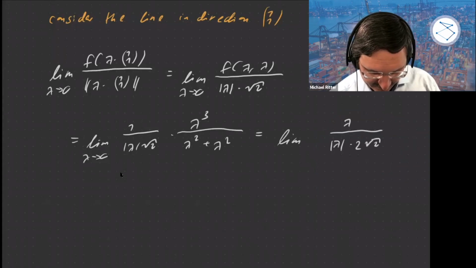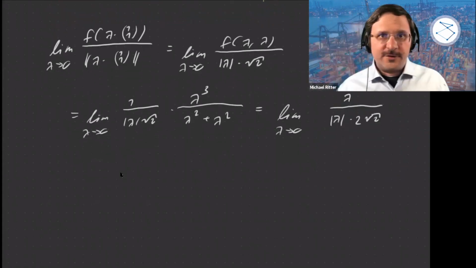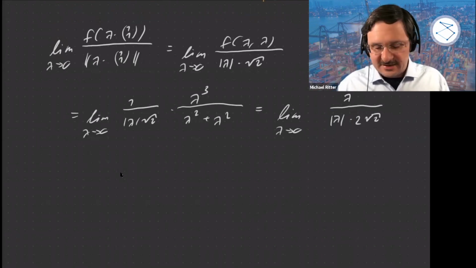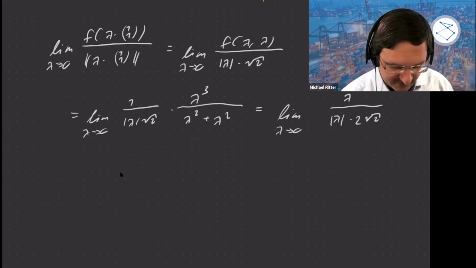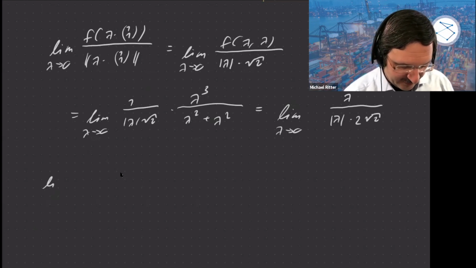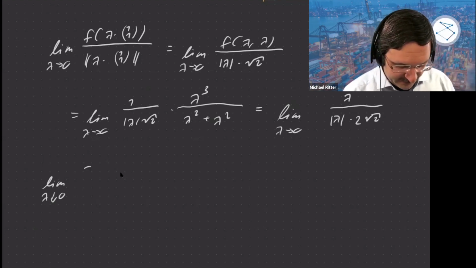Sorry about that. And now to compute that, well, we need to get rid of that absolute value of lambda somehow. So let's just consider the limits from above and from below separately to make that easier. So the limit as lambda goes to 0 from above of that expression.